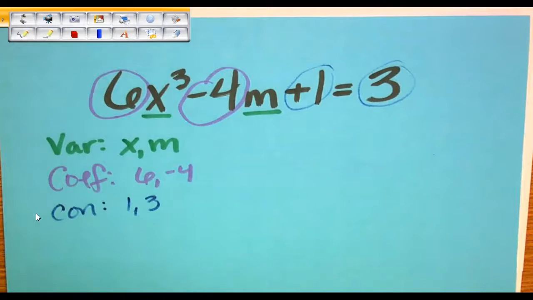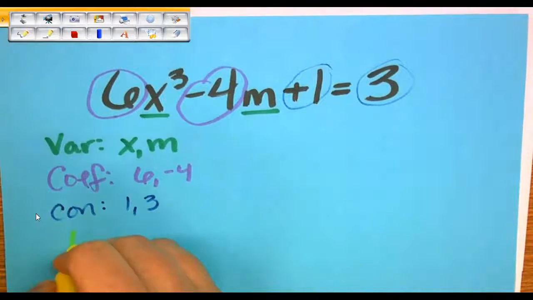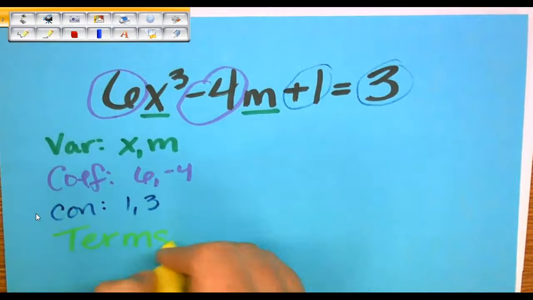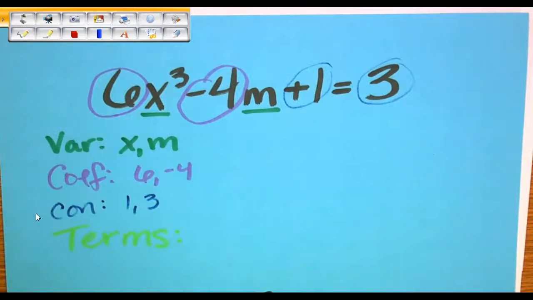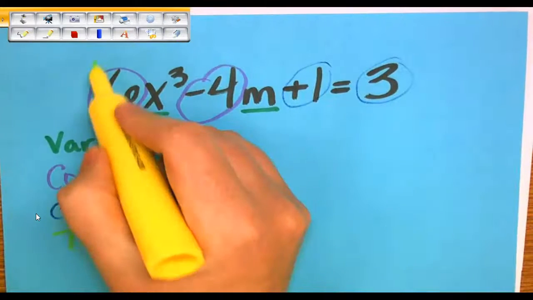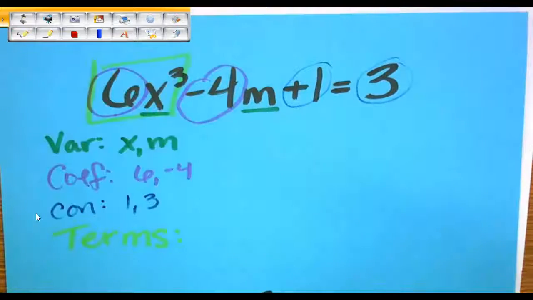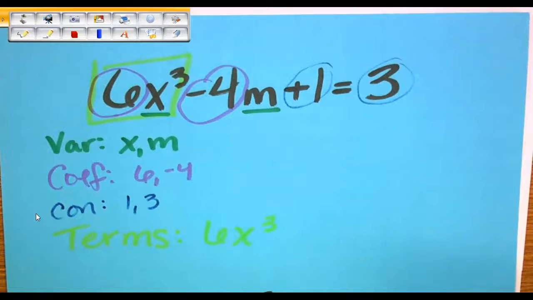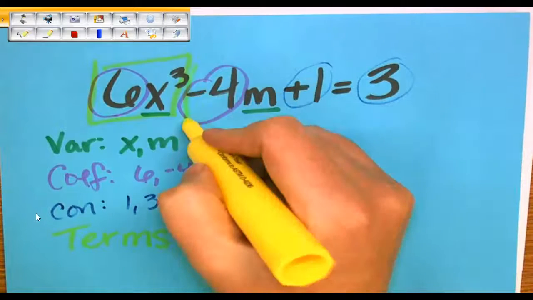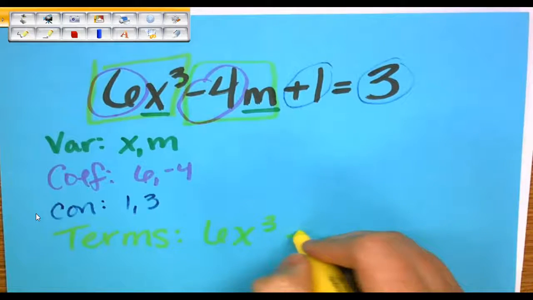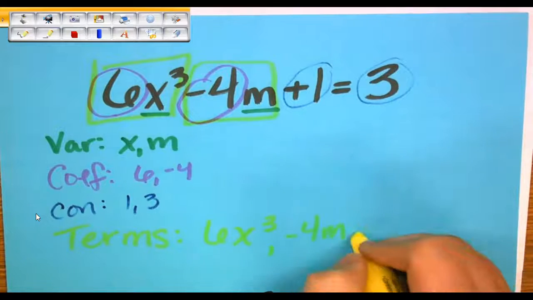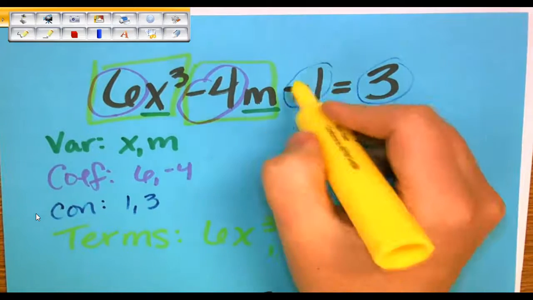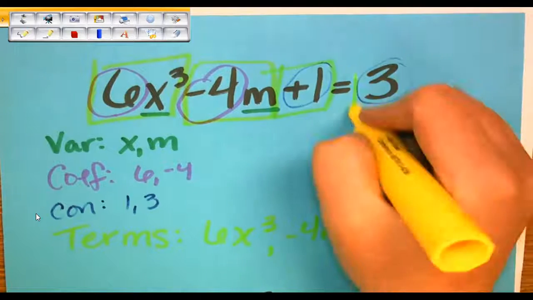Next one we have terms. When we're talking about terms, we're talking about each different part of the equation. So our terms are going to be the whole thing. So we have 6x cubed, -4m, 1 and 3.